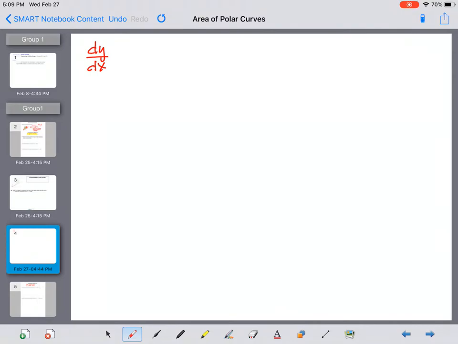The problem is we don't have a y or an x in our polar curve equations because our polar curves are also often something that looks like this. Which means our points are r values, our radius, and theta values, the angle of rotation, where theta is the independent variable. So this is where the conversion equations come in. On your page 230, at the very bottom, there's conversions that we use.